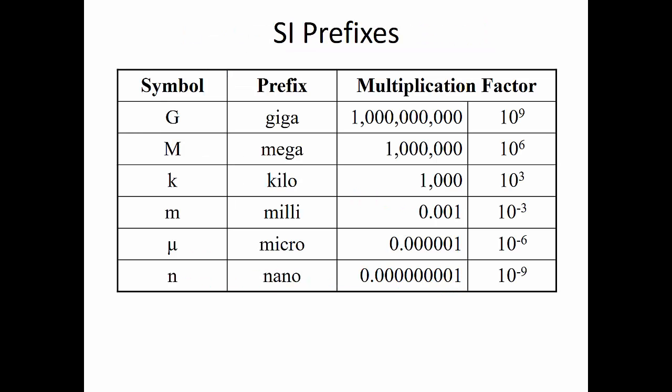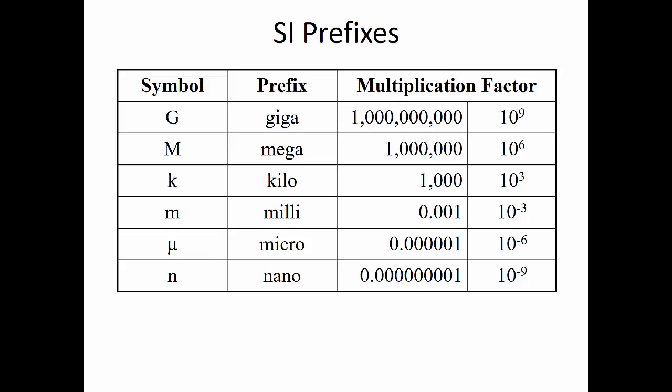In the SI system, there are some prefixes that we commonly use that we should be familiar with. A capital G represents giga, which has a multiplication factor of 10 to the 9th power. A capital M is mega, which is multiplied by a million, or 10 to the 6th. The symbol small k is a kilo, which is 1,000, or 10 to the 3rd.